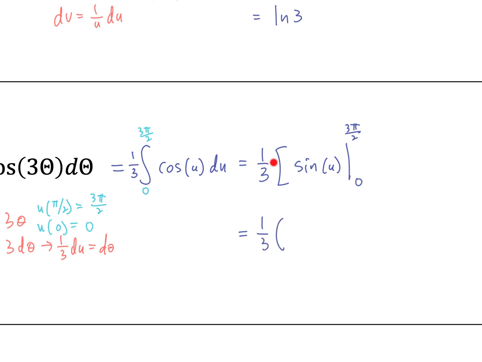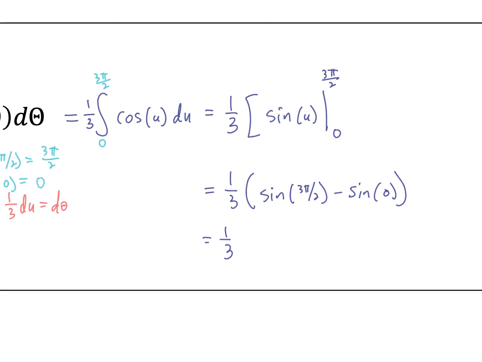Okay, just little things. If you have a constant multiplied by the antiderivative that you're about to evaluate, then you need to put this in parentheses because this will be two things subtracted. So that constant has to get multiplied by the whole thing, both things that are being subtracted. So we'll just plug in the top limit minus plug in the bottom limit.